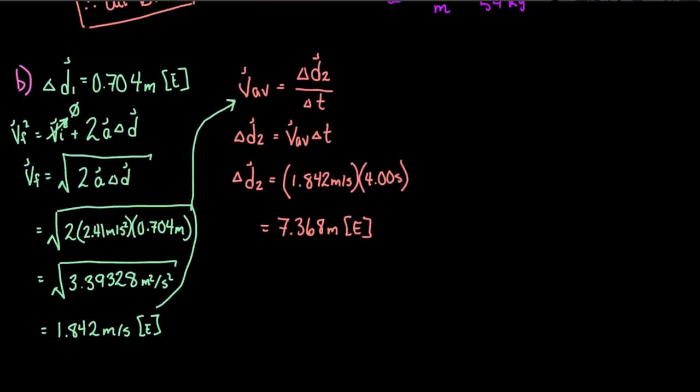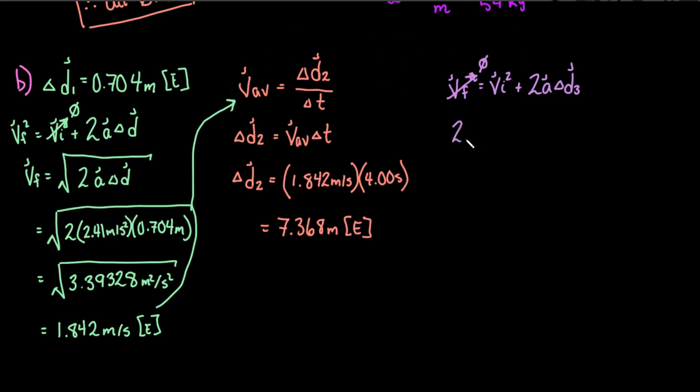So we use the exact same kinematic equation again, as we did in this first portion to solve for the final velocity, that says final velocity squared equals initial velocity squared plus 2 times the acceleration times the displacement. This time our final velocity is 0.